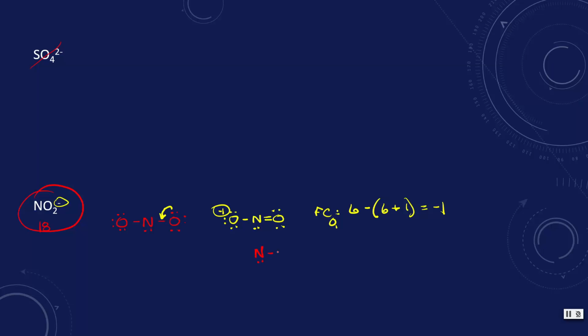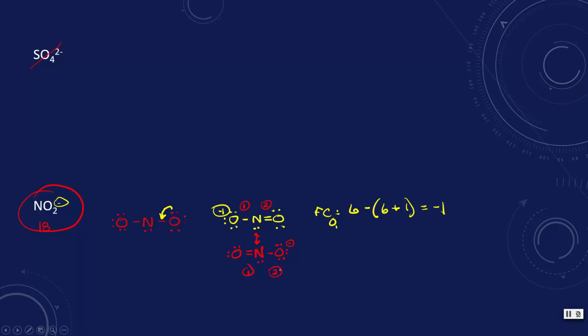So in that case, the Lewis structure would look like this. Now these are equivalent. They're exactly the same structure. Remembering this is bond 1, this is bond 2. We're not just turning it in the air.